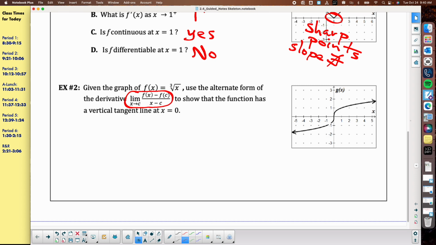It's going to be at x equals 0, so that would be the c value. Alright, so it would be cube root of x minus 0 over x minus 0. Good.